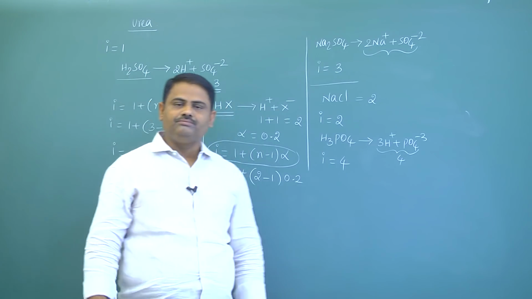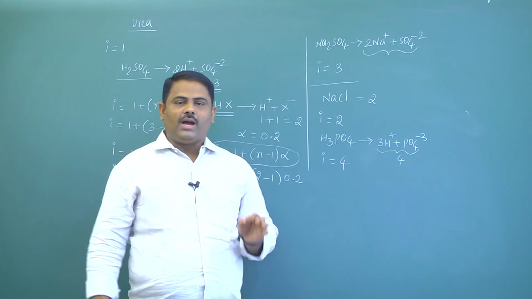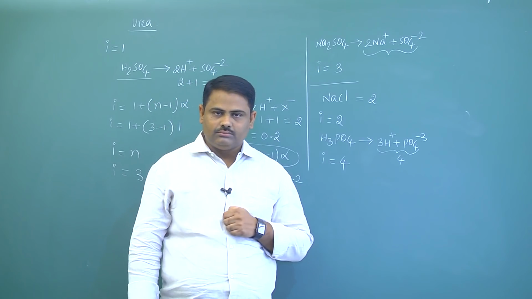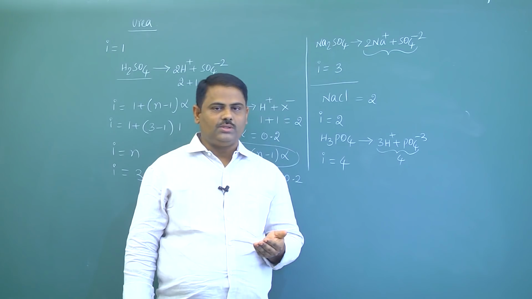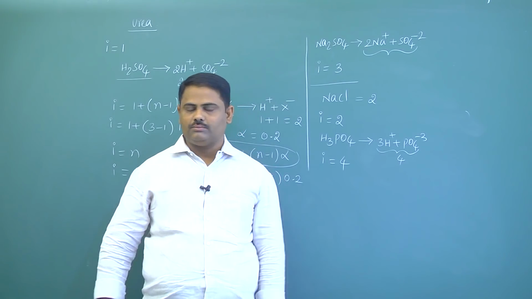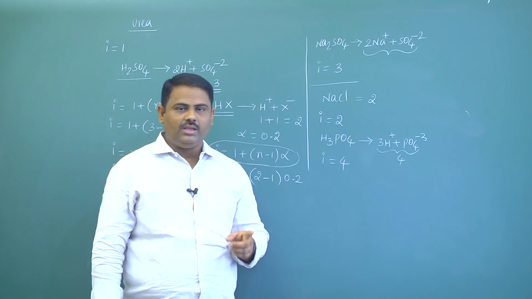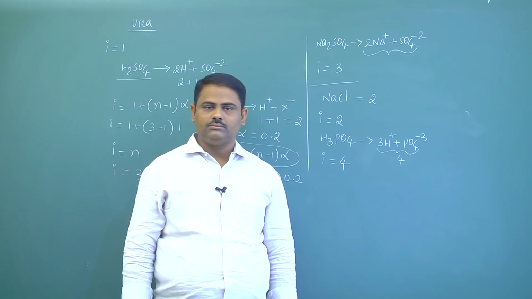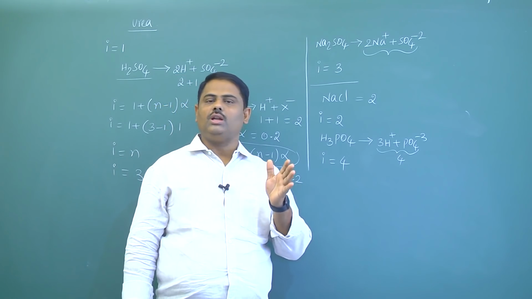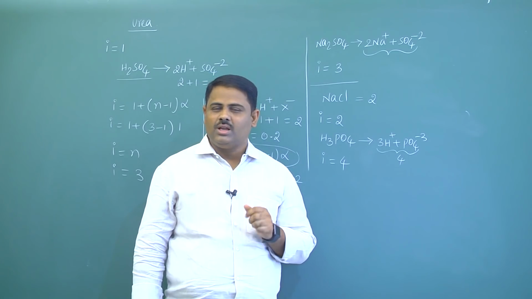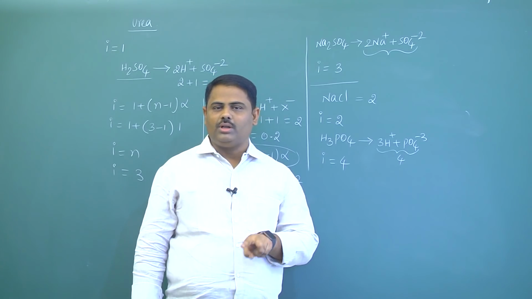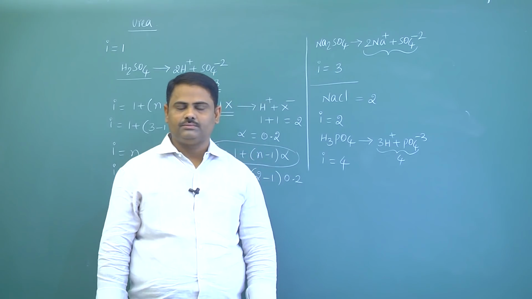Now finally, if I is equal to 1, that means there is no dissociation or association. If I is greater than 1, that means the solute undergoes dissociation, and the value of the colligative property increases.